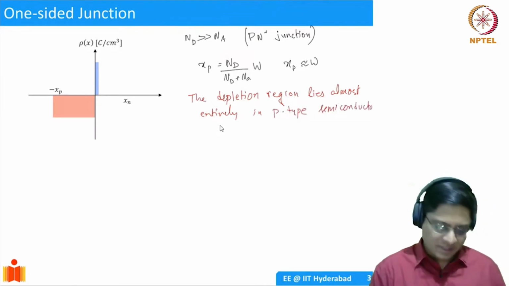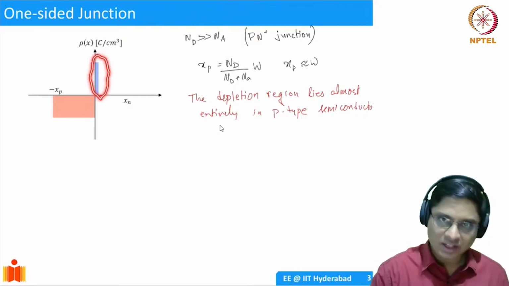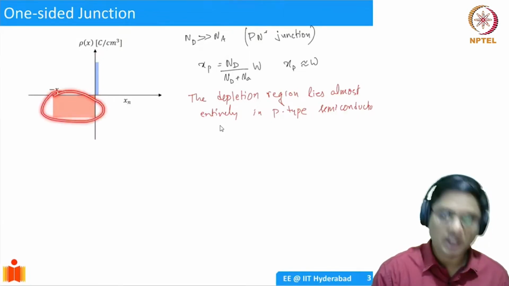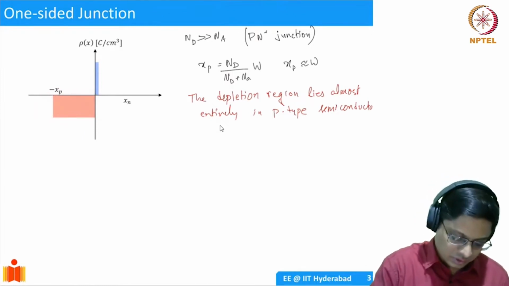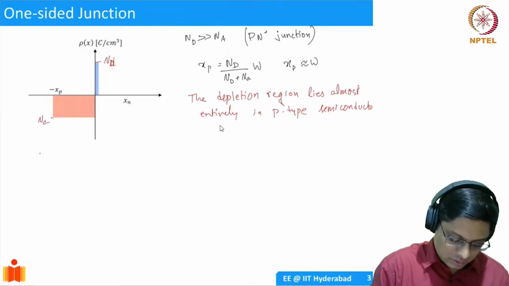The same thing is schematically represented here. You have a doping which is large, so the depletion width is small here. And the doping is smaller here, so the depletion width is large. Always remember this relation will hold true. Let's call this Nd and this Na.